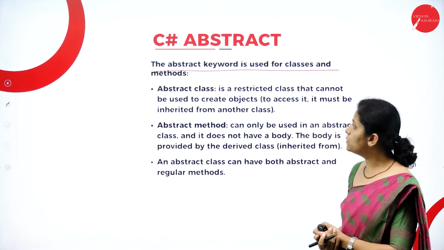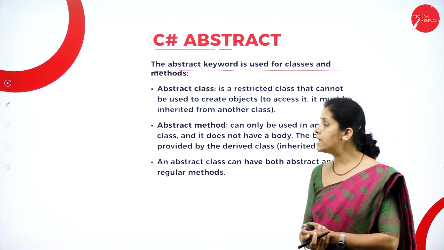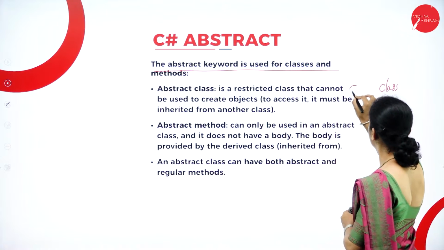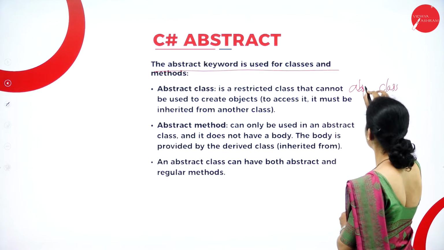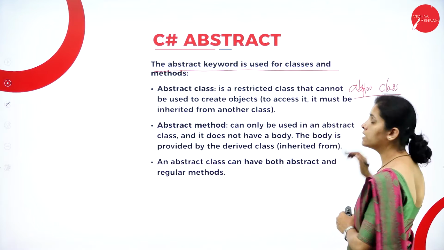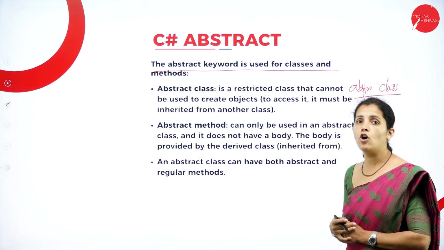So dear student, what is an abstract class? Suppose I want to create my class as abstract, so I'll use the keyword abstract. And for this abstract class, I'm not able to create an object.